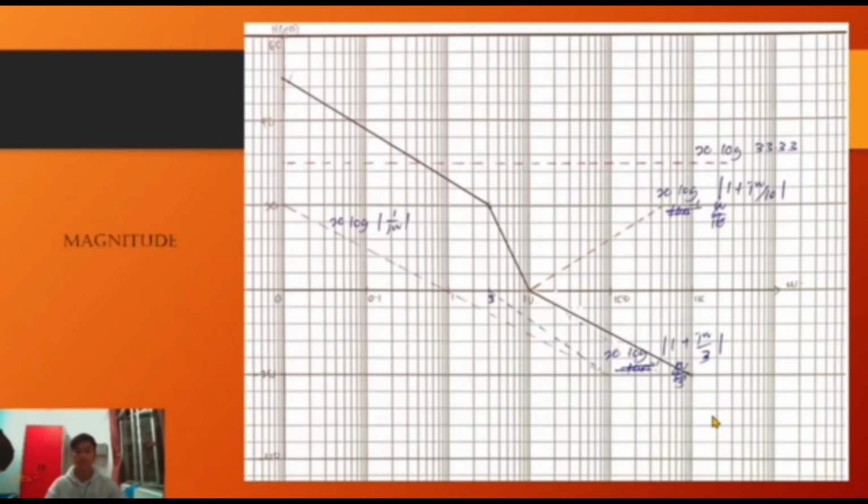So I have this magnitude plot for that transfer function.